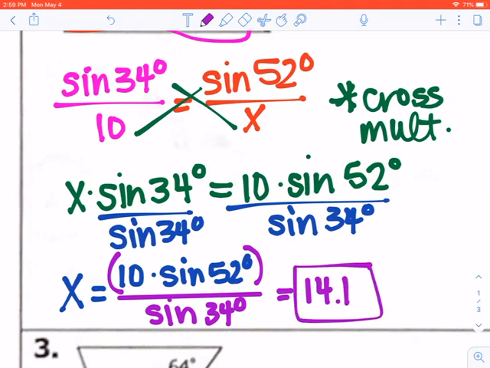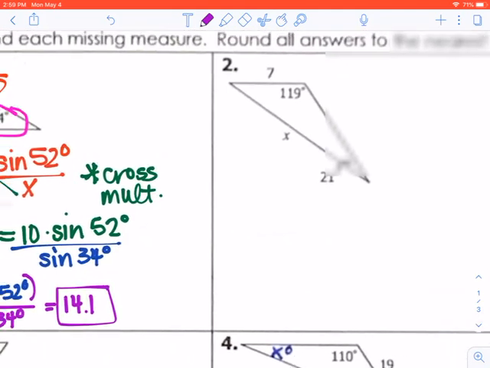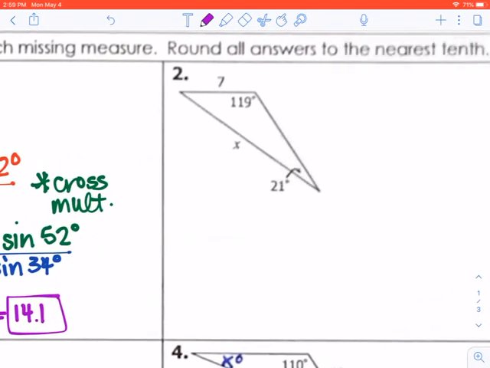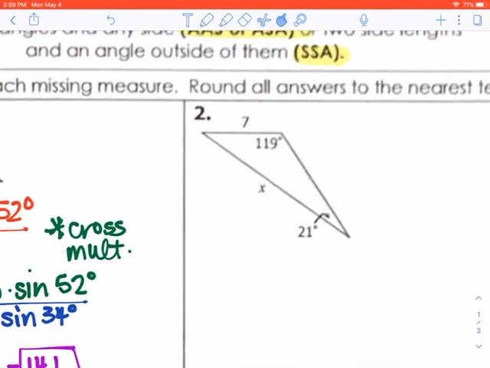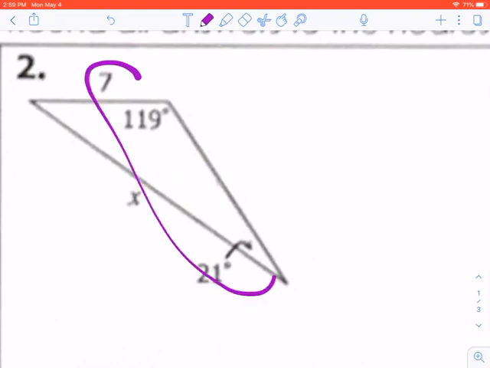Okay? Set it up, do a little math, cross multiplication, use your calculator, and you'll find your answer. So moving on to this next one, I'm just going to do it fairly quickly. I see I have this side-angle pair, 7 and 21 degrees.